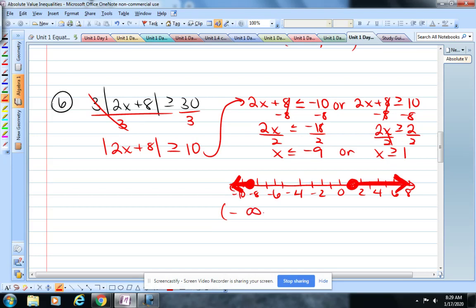Negative infinity, comma, what is my right boundary? Negative 9. Bracket or parentheses? Bracket. What goes in the middle? Union. What is the left boundary here? Bracket 1, comma, infinity. Parentheses. Right? Good job.